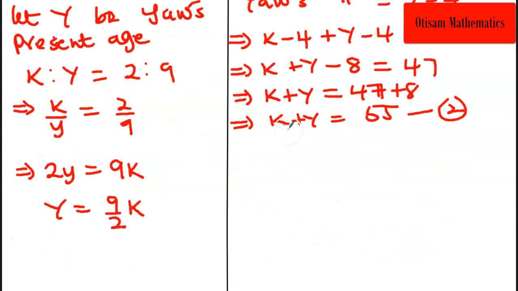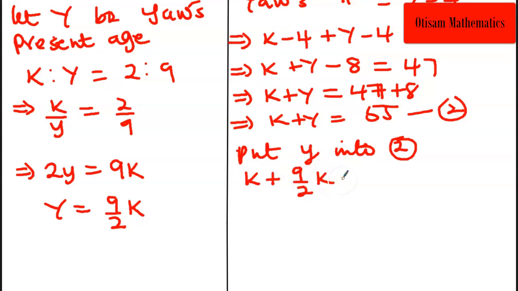So we know that Y is 9 on 2 K. So put Y into equation 2. Which implies that K plus 9 on 2 K is giving us 55. So let's multiply through by 2. We have 2K plus 9K equal 2 times 55 is 110.